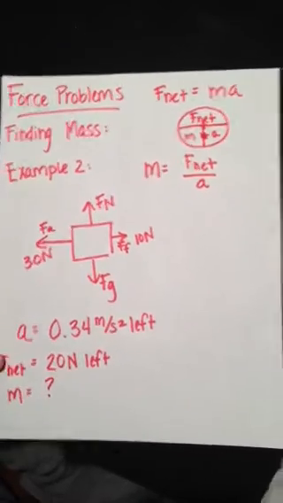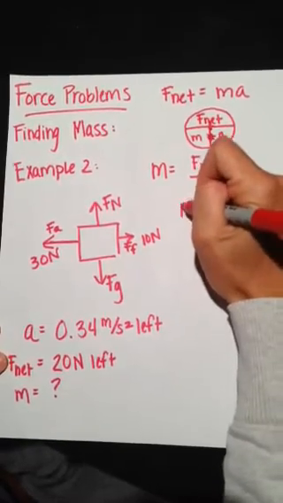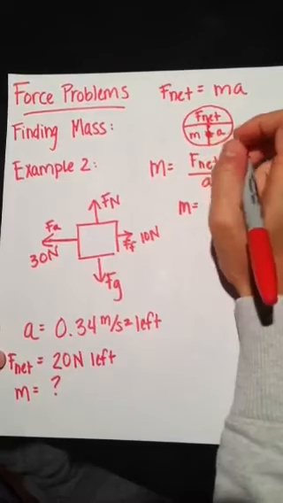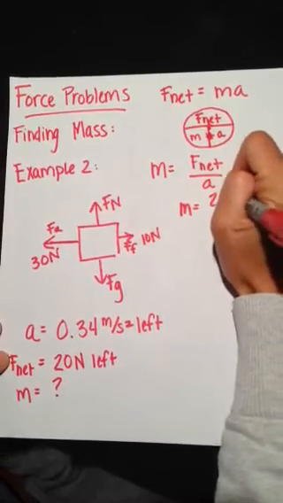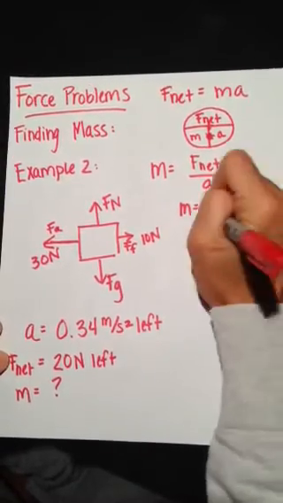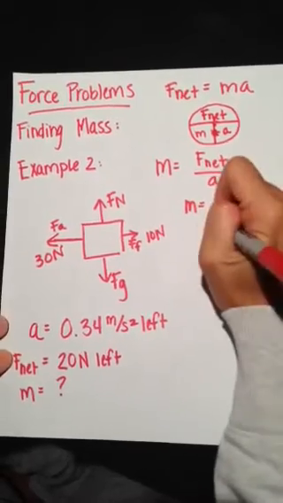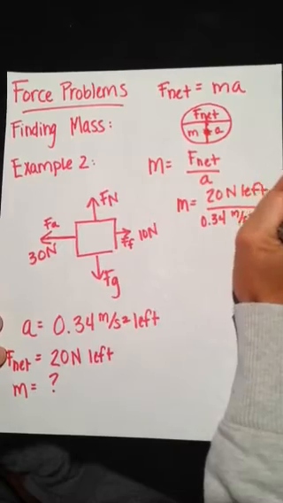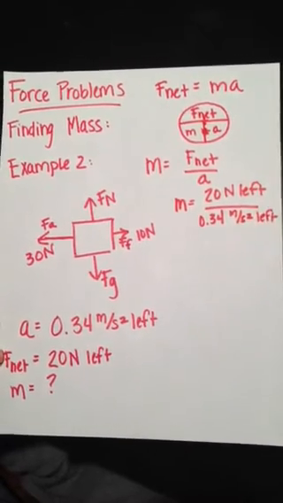So now all I have to do is plug in the information that I have. So again, my mass: my net force is 20 newtons left. My acceleration is 0.34 meters per second squared left.